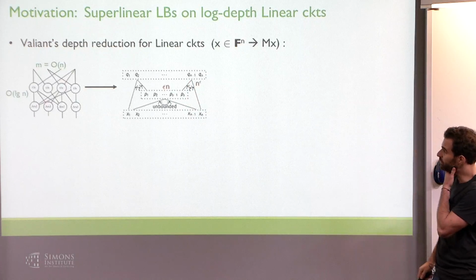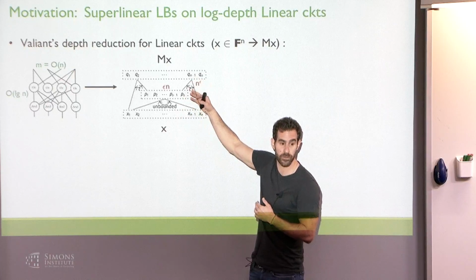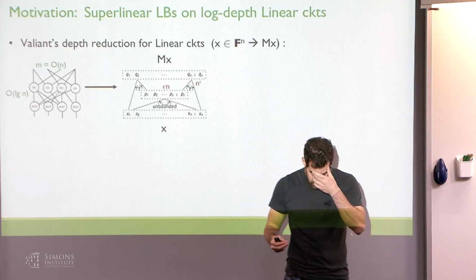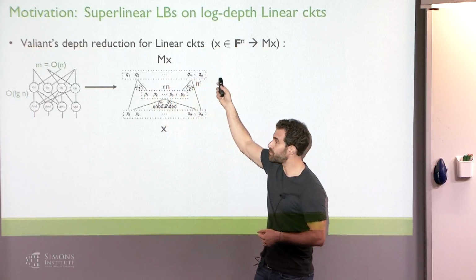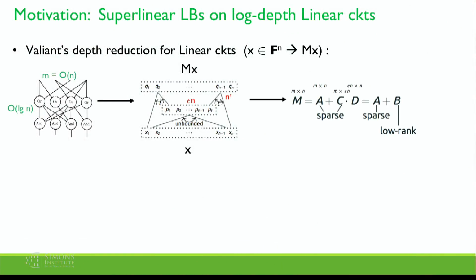And what Valiant showed, and this is a really nice observation, is that if this circuit further computes a linear function, a linear transformation, similar to the data structure story, so these are just the answers to each row of M, then this linearity induces a decomposition of the matrix M into the sum of a sparse plus low rank matrix.